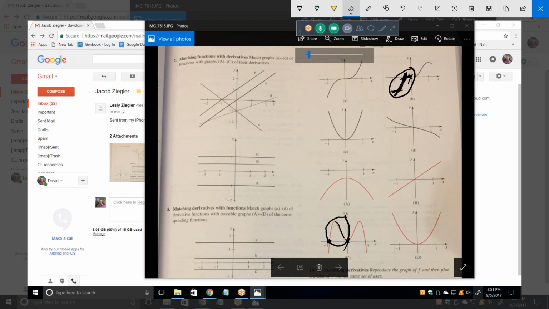I'm drawing all over it, so it's kind of hard to see, but let me erase. But you can see if you were to take your cursor here, the slope is 0 right there, and it's 0 right there. And on our first derivative, it's 0 at those 2 points. But there's actually a point right here where it's the steepest, and that corresponds to that point right there. Okay.